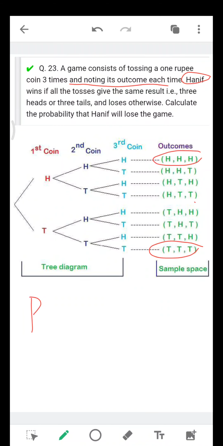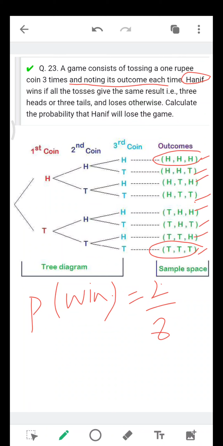So the probability of Hanif winning will be 2 by 8, because there are 8 outcomes in total. You can count here: 1 2 3 4 5 6 7 8. So 2 by 8.